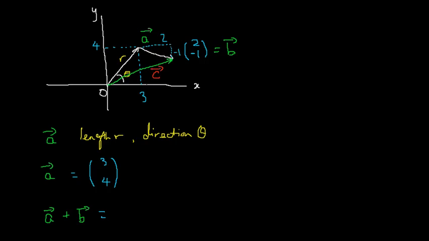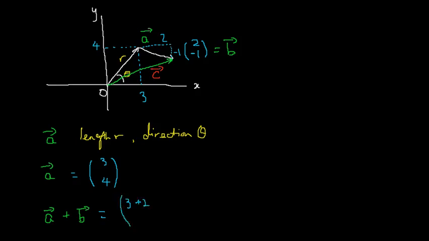So that means that overall, for this vector C, we must have moved to the right by 3 units plus 2 units. Okay, 3 units plus 2 units. So let me write this down. That would be 3 units plus 2 units would be the x value.